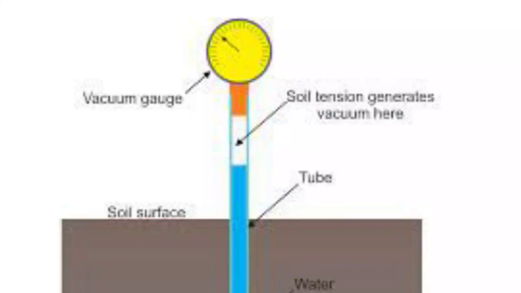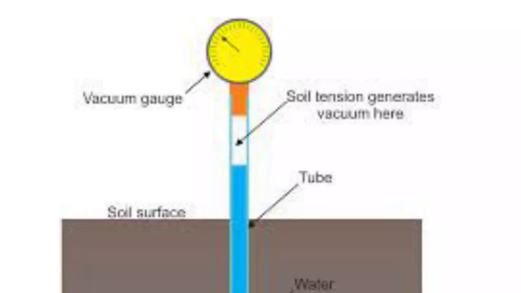On this pressure gauge, the tension is calibrated and recorded, from 0 to 1 bar. And the tensiometer can only work up to 0.85 bars. Beyond that limit, it cannot work.